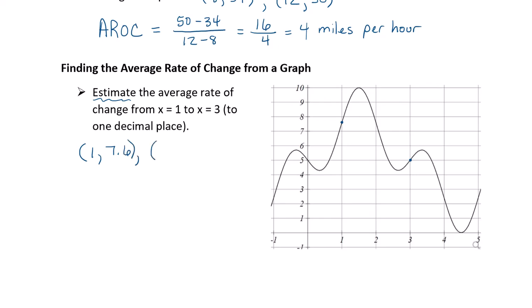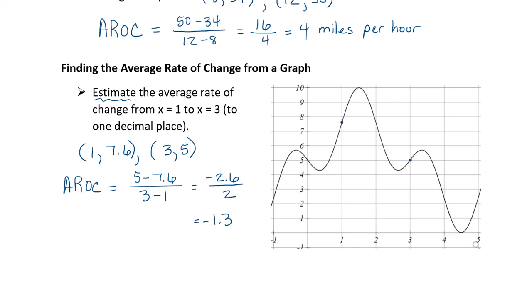And our second data point is 3, 5. Okay, so we're going to find the average rate of change, 5 minus 7.6 over 3 minus 1. So this is a negative 2.6 divided by 2, which is negative 1.3.